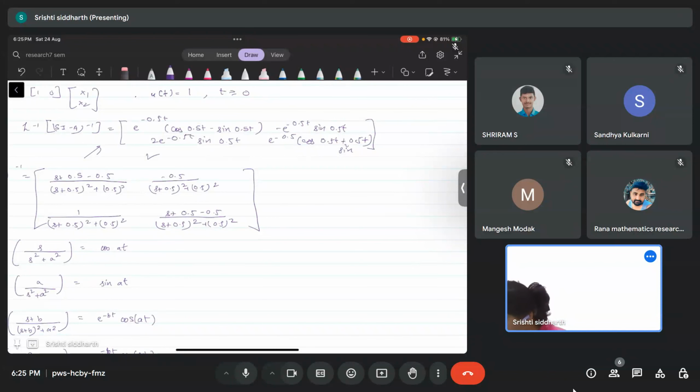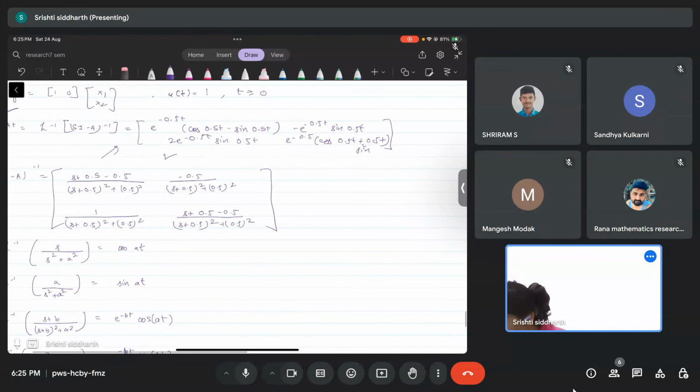So let's check. This is shift 5.5. This is also shift 5.5. Okay.